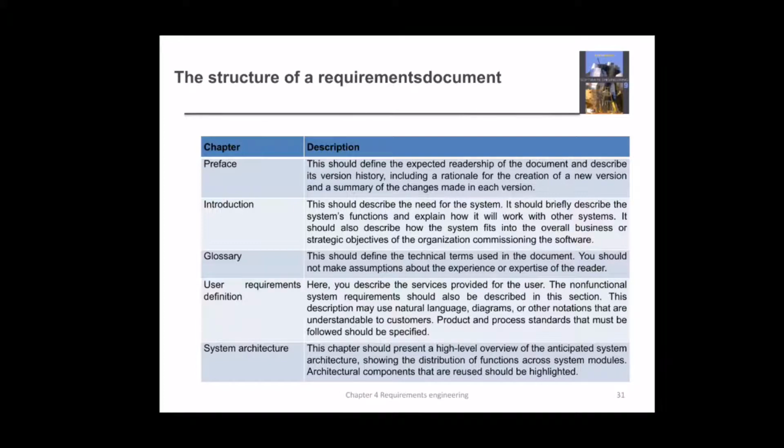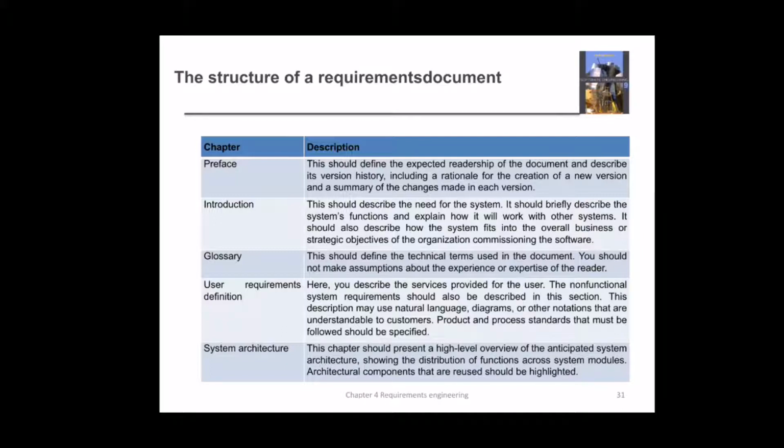When we develop an application, it will have versions. For example, with Windows 8, we have 8.1 and Windows 10. The versions tell us which is the current version. It includes a rationale for the creation of a new version, the reason for going for it, and a summary of the changes made in each version. Everything is explained in this preface.